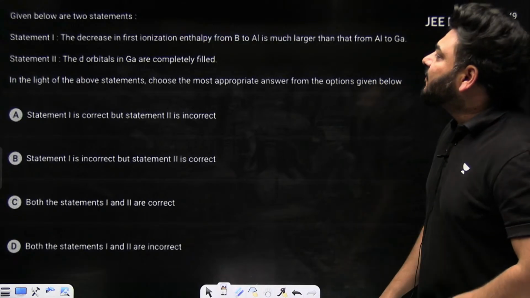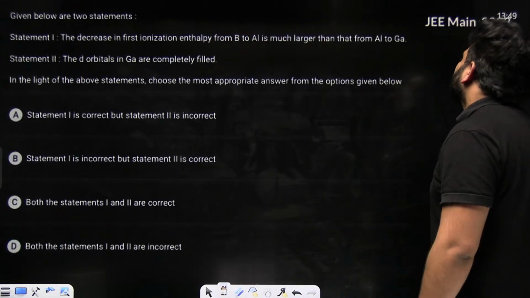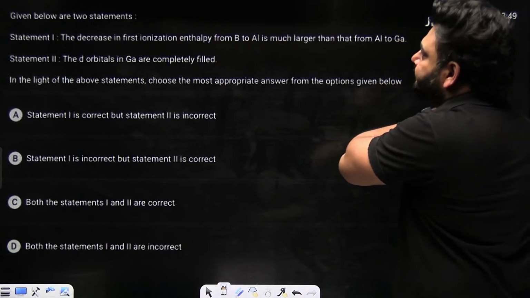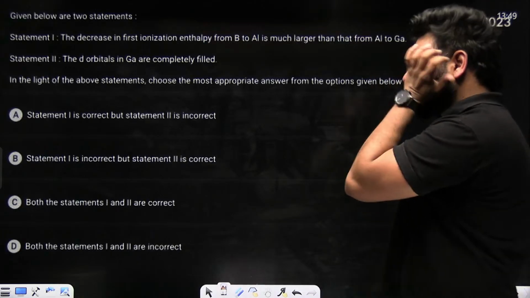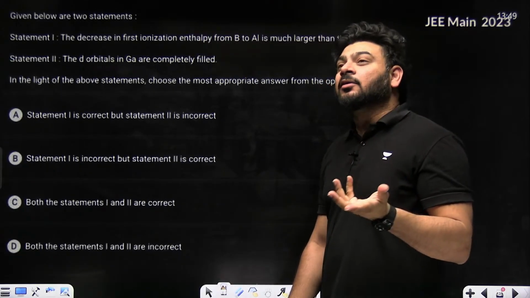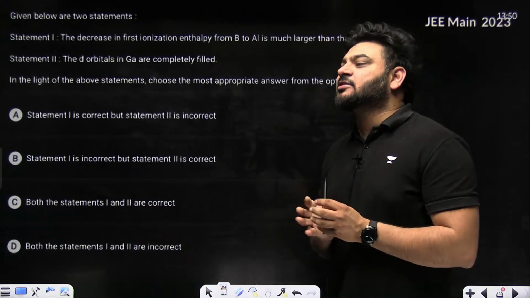The decrease in the first ionization enthalpy from boron to aluminium is much higher than that of aluminium to gallium, and I think this is right, because d orbitals in gallium are completely filled, and because of that they have poor shielding, higher Z effective.